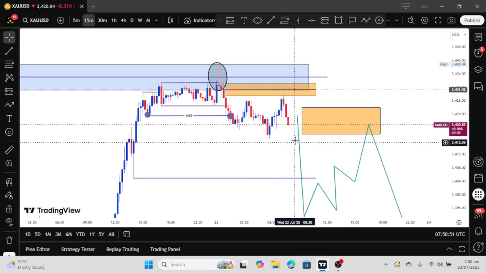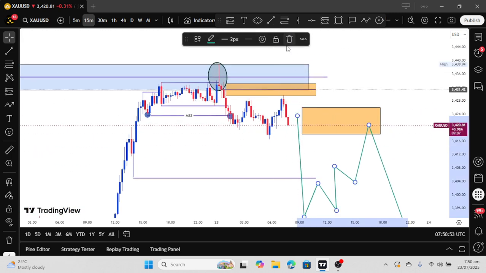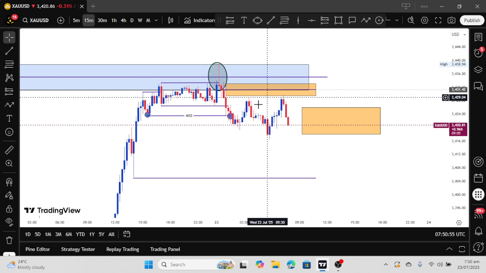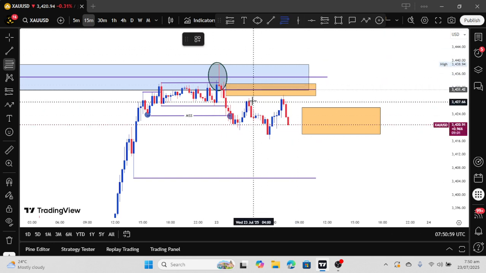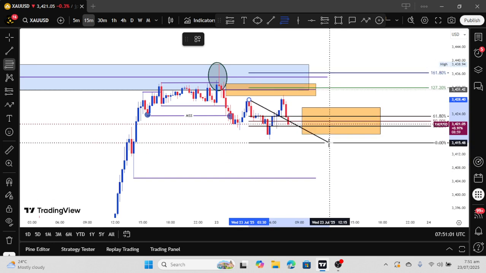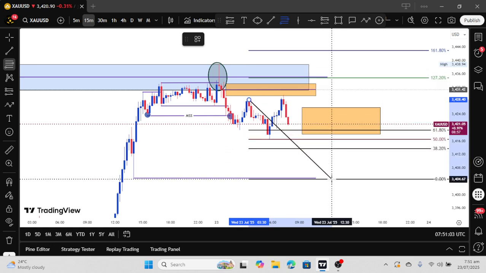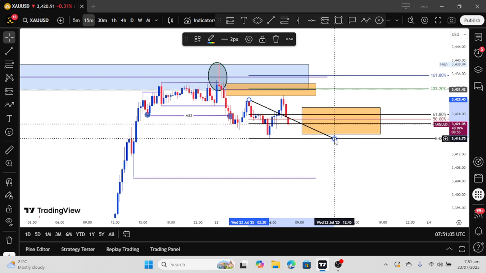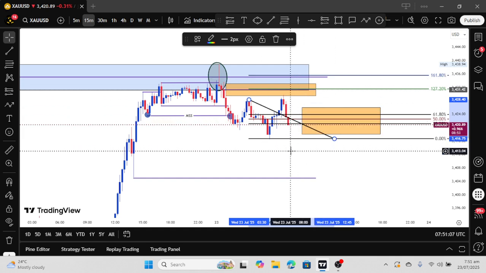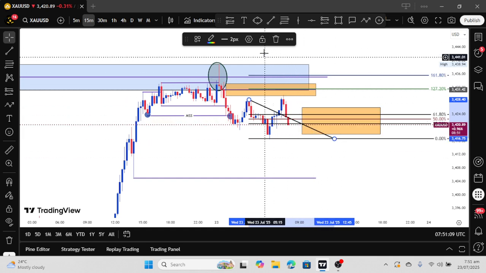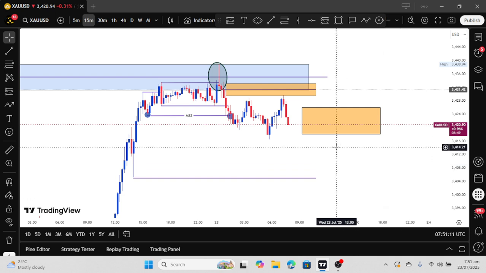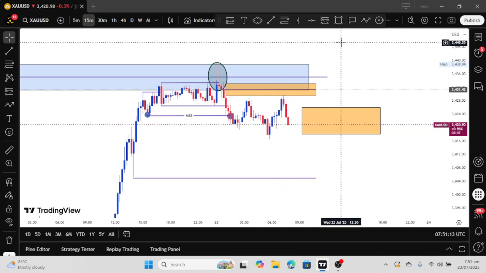If we don't see this happen, then the price will continue pushing up from any zone around here. We don't know yet what is going to happen, but for now, this is what I'm waiting for.